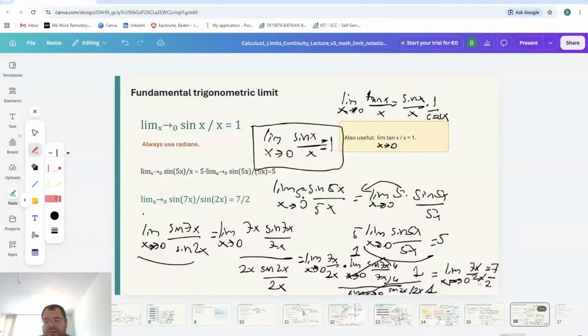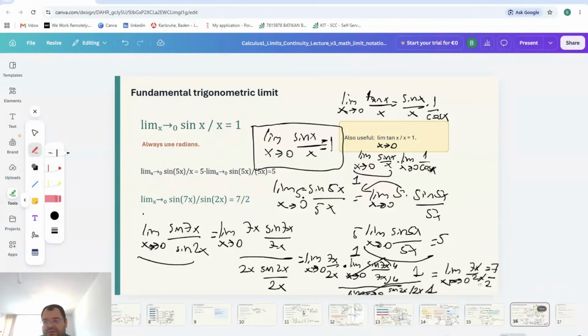According to the product rule, you can rewrite this as the limit as x goes to 0 of sine x divided by x times the limit as x goes to 0 of 1 over cosine x. This is just like this formula. This is 1. For the limit of 1 over cosine x, you can just use substitution here.